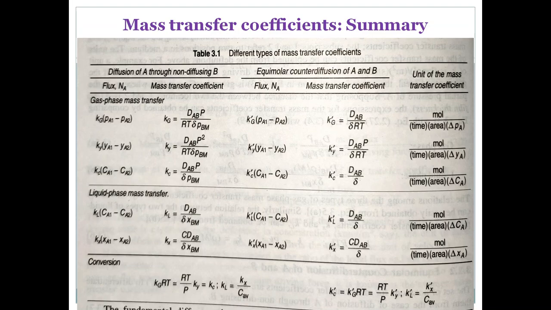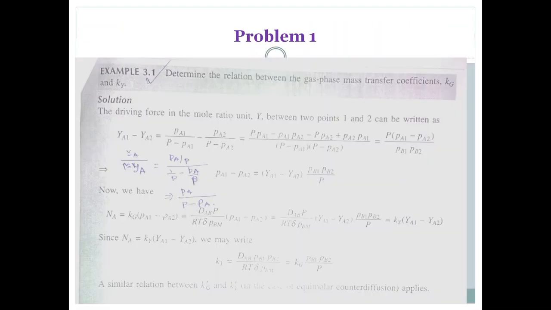For better understanding, today we will solve 3 problems based on the mass transfer coefficients. Problem 1: determine the relation between the gas phase mass transfer coefficient Kg and capital K_Y, the mass transfer coefficient where the driving force is the mole ratio.